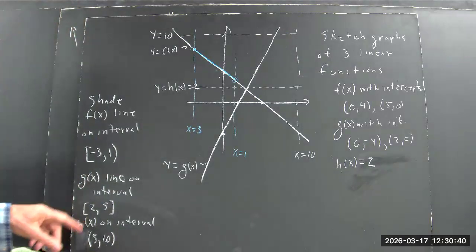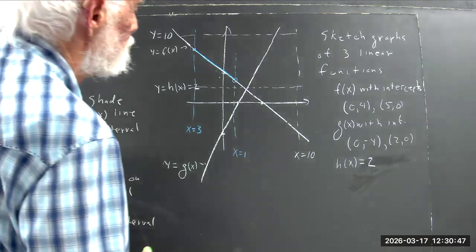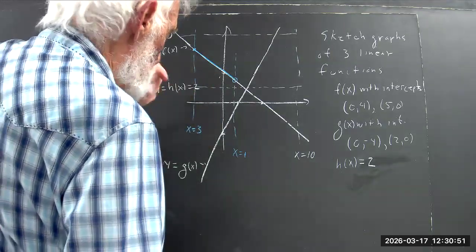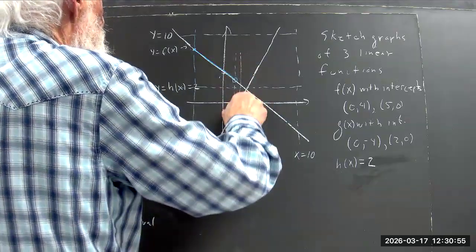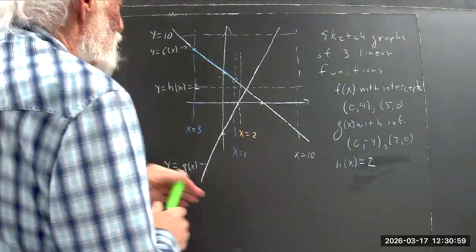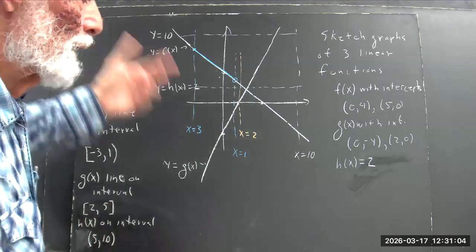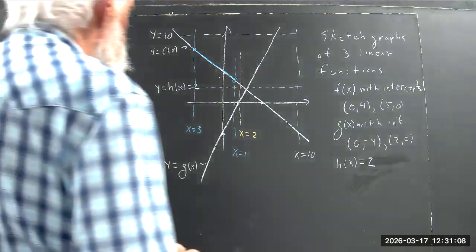The g(x) part starts at x equals 2. I drew my x equals 1 point a little too far to the right. It doesn't make sense that x equals 2 should be here. x equals 1 should be about here. But let's just pretend we've done this more accurately.